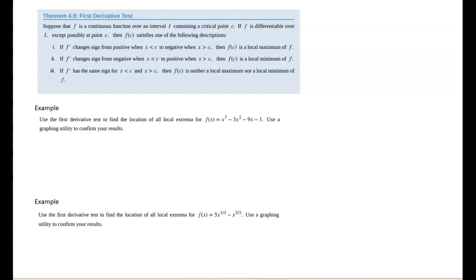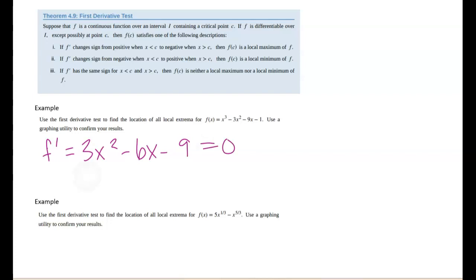All right, so let's use the first derivative test to find the local extrema for this function f of x, and it's a cubic function. This is going to be the steps that we do. You take the derivative, 3x squared minus 6x minus 9, and we want to find the critical points first.